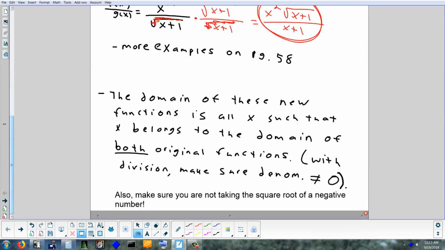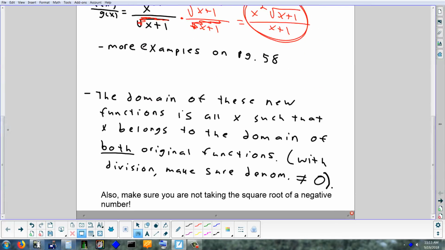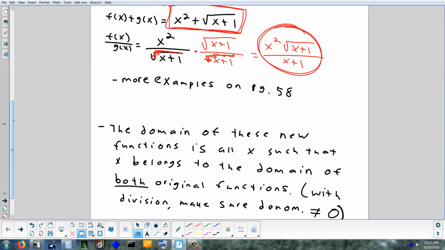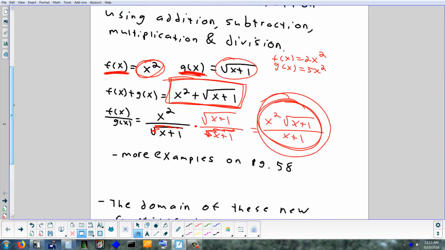And the other thing we got to be careful, and I already mentioned this, is if you combine the functions together, like we did here, you just created a fraction. Neither of the original problems had fractions.